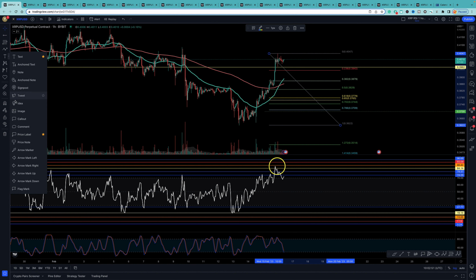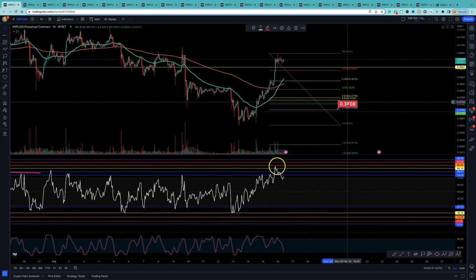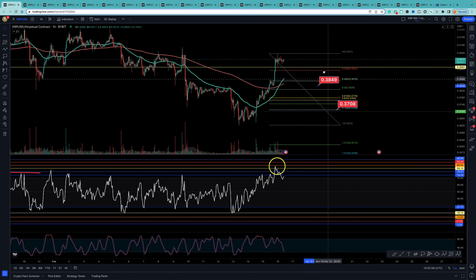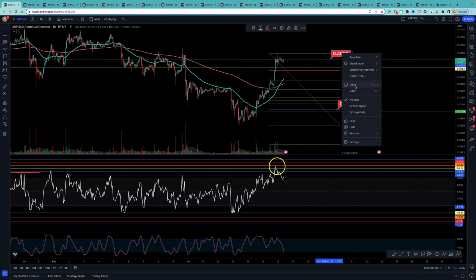So at 37.08 or so, yeah. What did I say the entry was? 40.08. So potentially I'm looking at a short entry at 40.08.